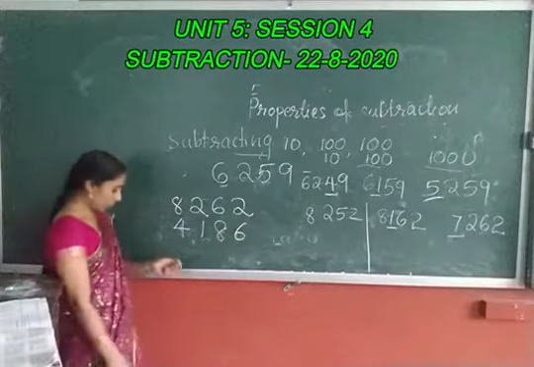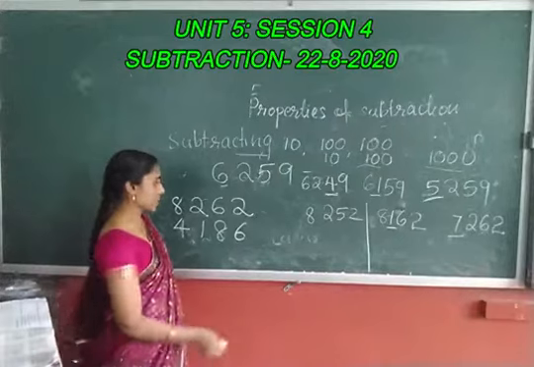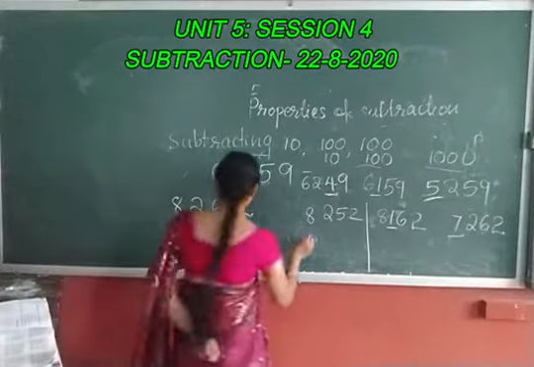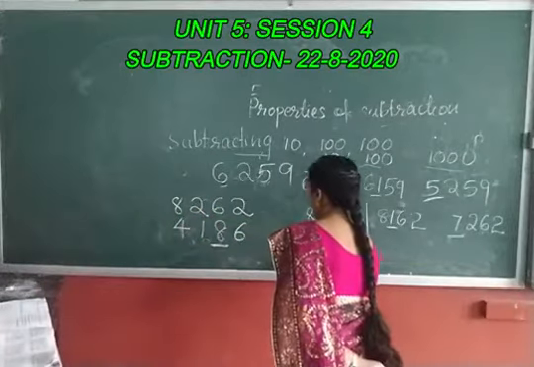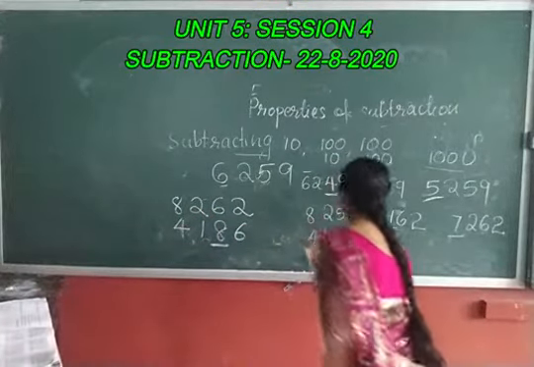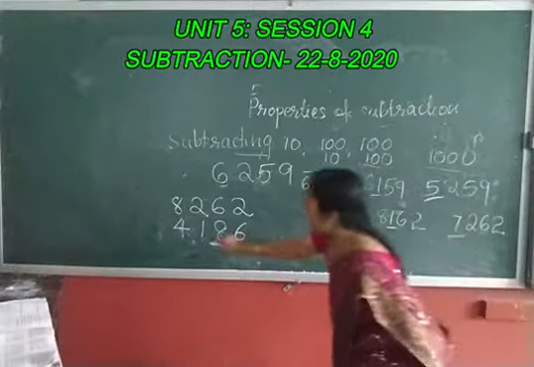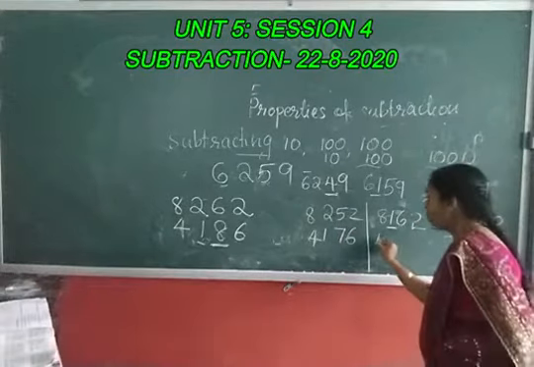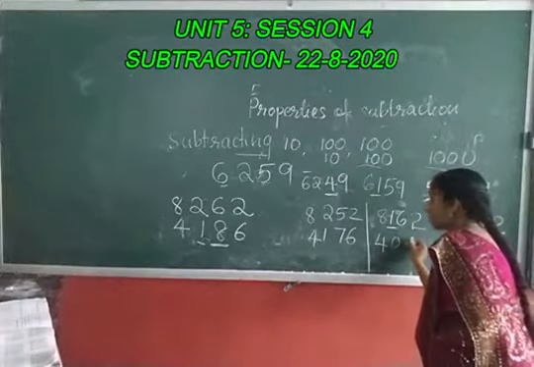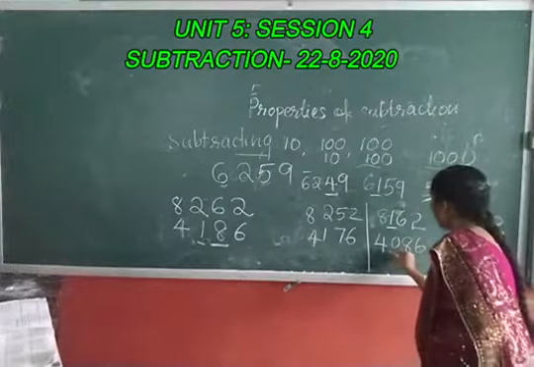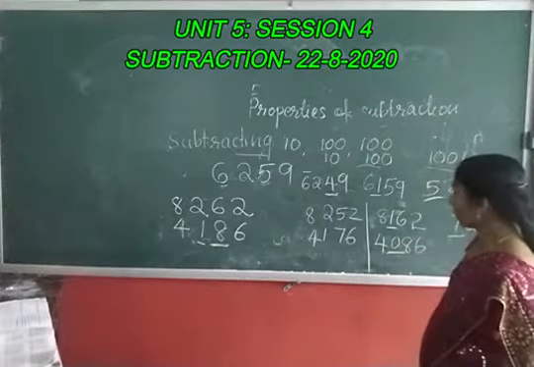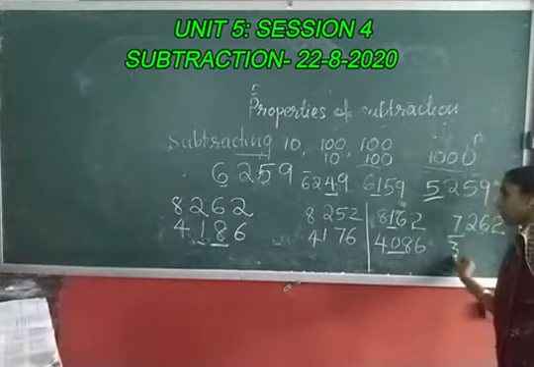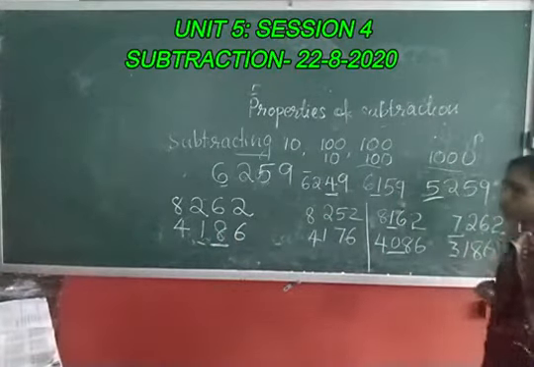4,186. Subtraction by tens: this number will change. 4,176. Subtraction by 100: the hundreds place will decrease. That 1 changes into 0, 1 minus 1 is 0. 4,086. Subtraction by 1,000: the thousands place will decrease. 3,186.